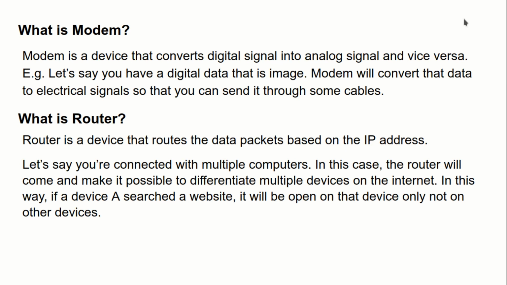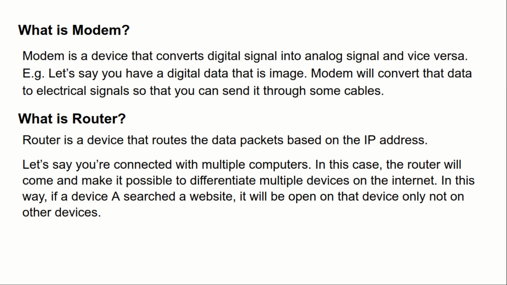The modem will take the analog signal and convert it to a digital signal. And what will the router do? The router will differentiate each of the requests. If a request was made using the web application, the router will only send that data to the web application. If a person sends a request to the MongoDB server, the router will send that response to the MongoDB server.